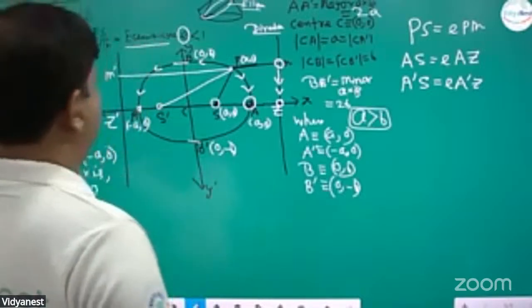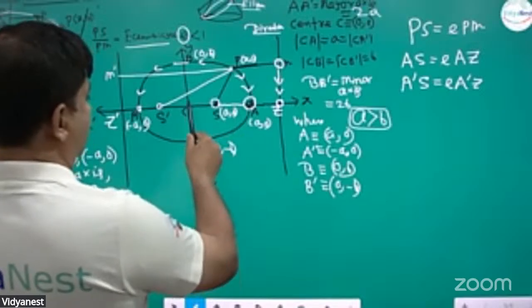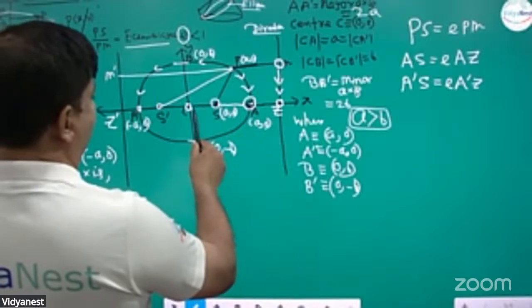See, geometrically, AS means the total length CA from C to A minus CS.